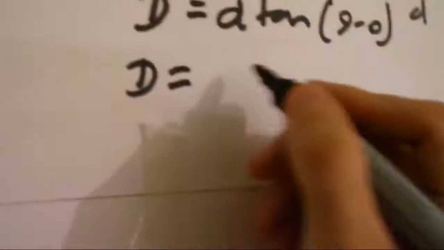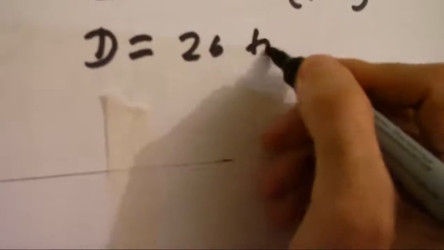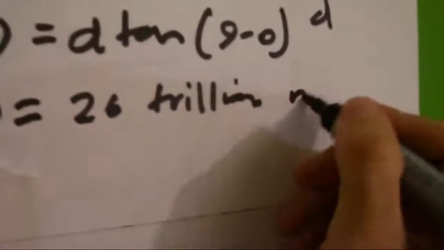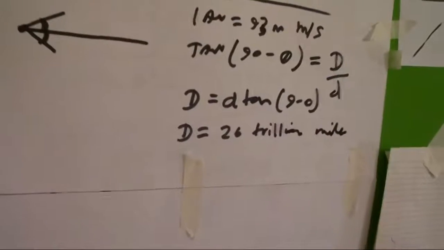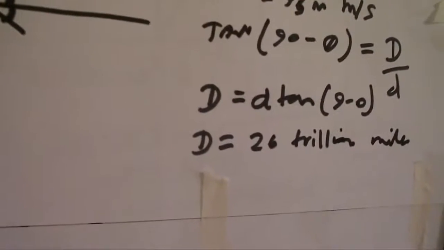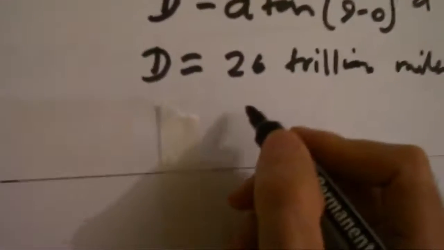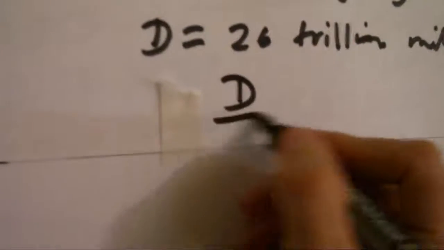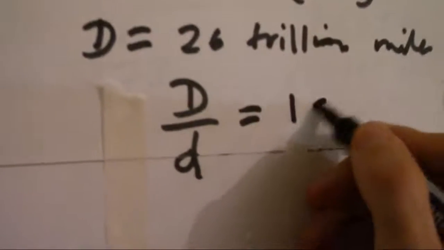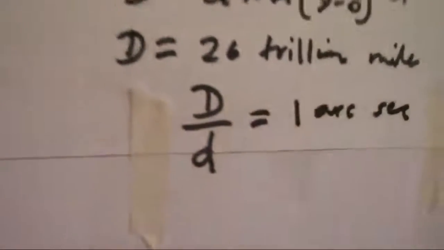D equals 26 trillion, because that's how close the nearest star is in distance. And then we've got d over D, which actually equals 1 arc second.